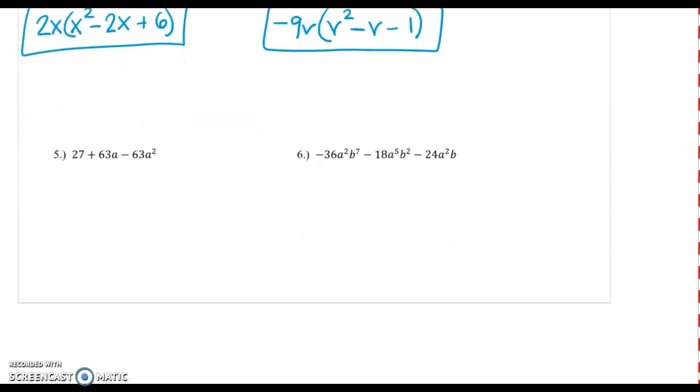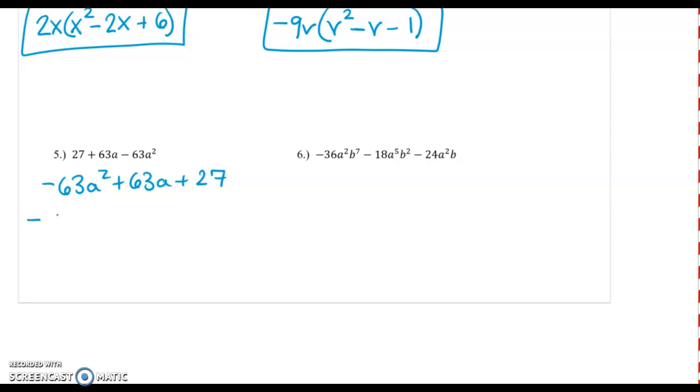Okay, same thing here. If you see something like this, you can rearrange this into standard form. So we can put the largest value first. Okay, so we can rearrange that into standard form here. So if I'm looking for the GCF, it would be 9. And again, I want to make that first term positive.